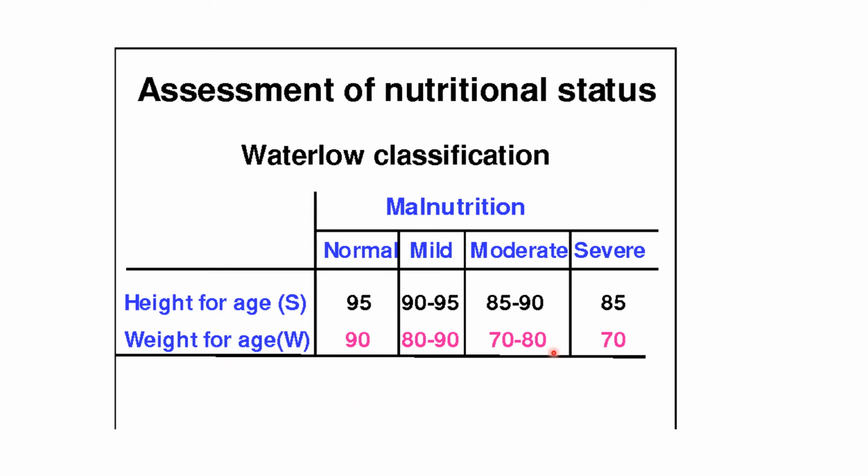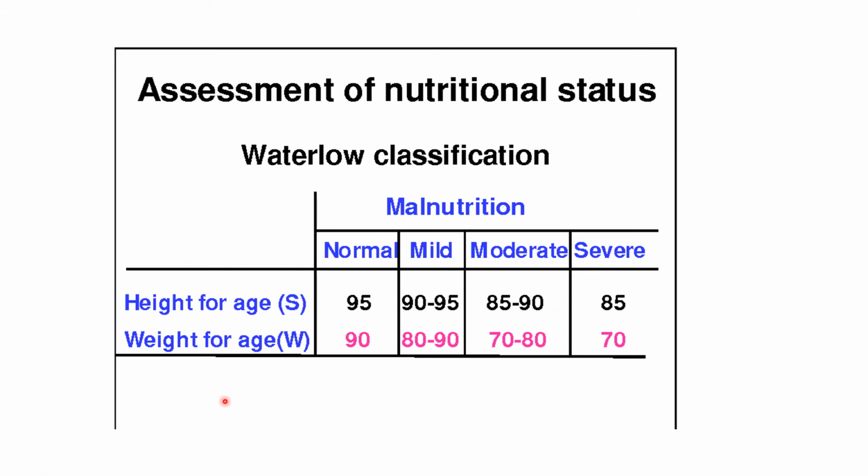Here we can see through this table that if height for age is more than 95%, that child is considered a normal child, and if it is less than 85%, that is a severely malnourished child.